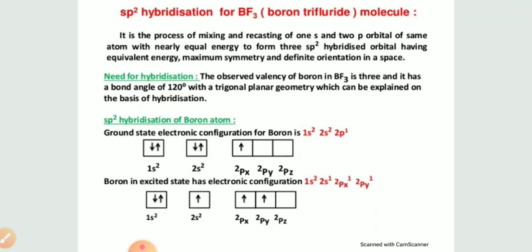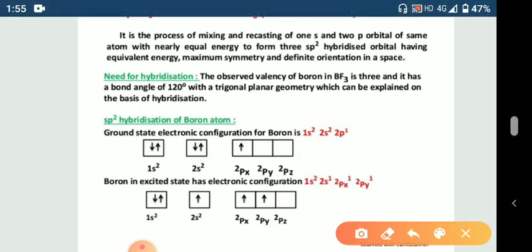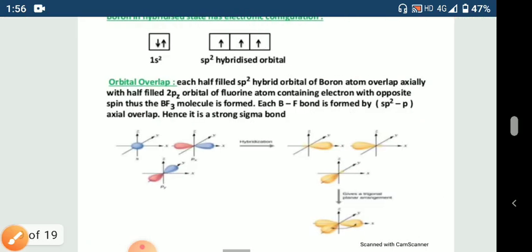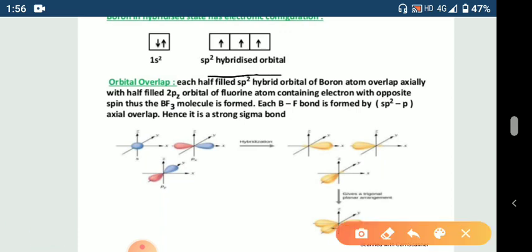Now take boron in the ground state, 1s2, 2s2, 2p1. In the excited state, one electron promotes from s to p. We get three sp2 hybridized orbitals.